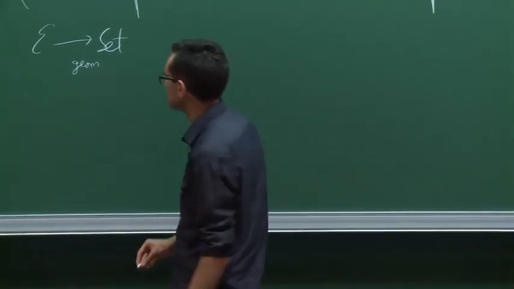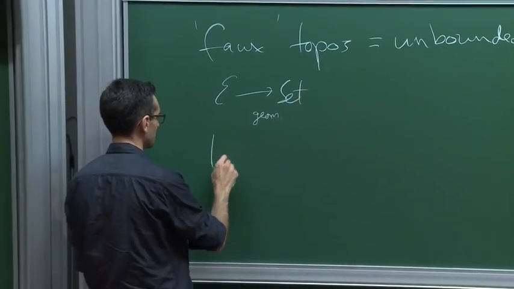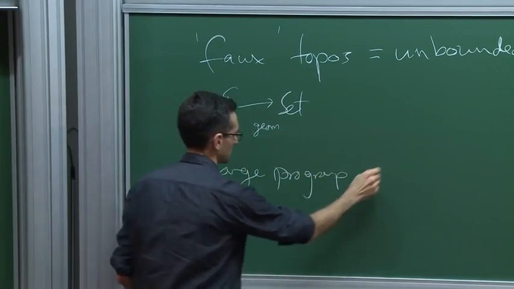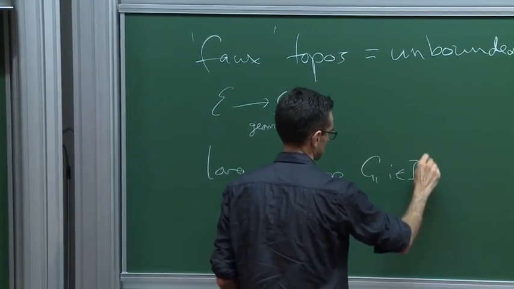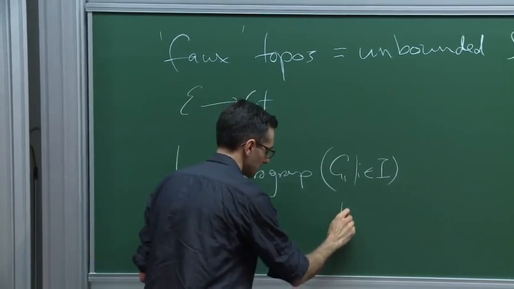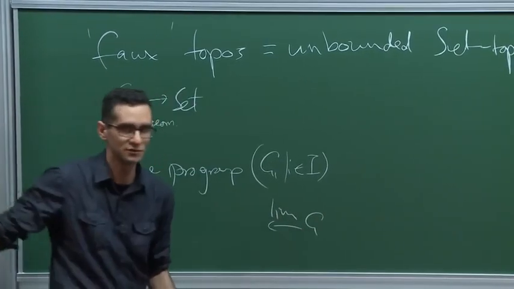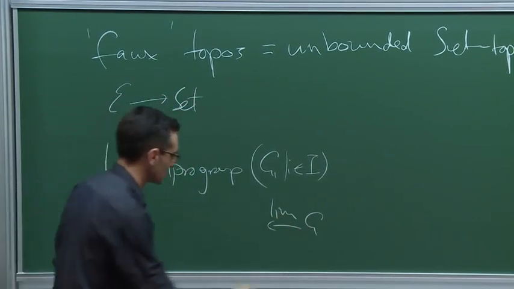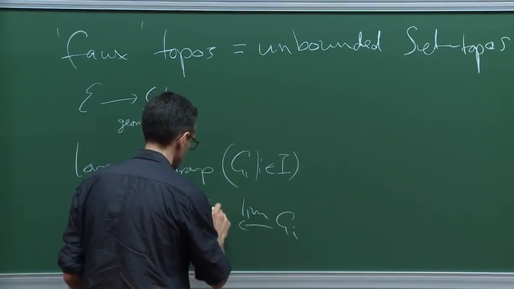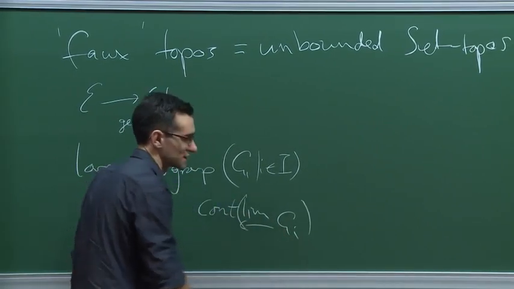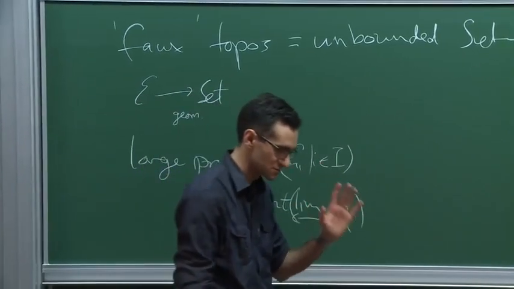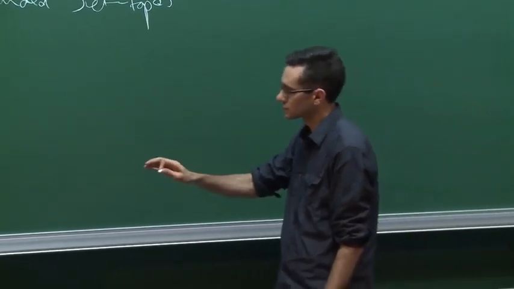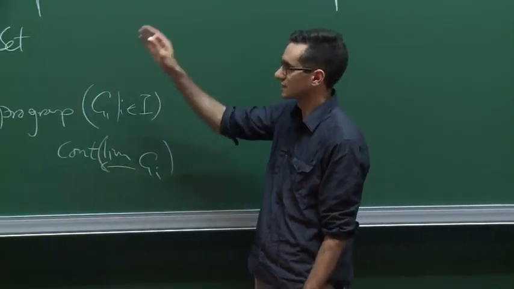In particular, the example they give is you take a large pro group, and then you consider, so again, universes as needed, you take the limit of this pro group and then you consider continuous actions of this. And this is, up to some small care as to what you mean, a perfectly good locally small category, which is a topos with a geometric morphism to set.